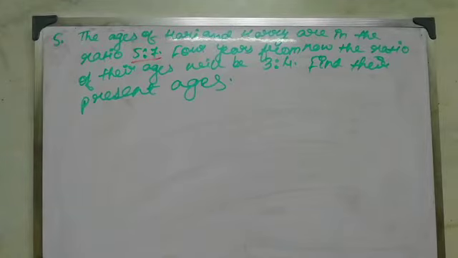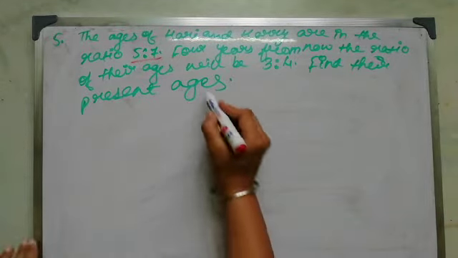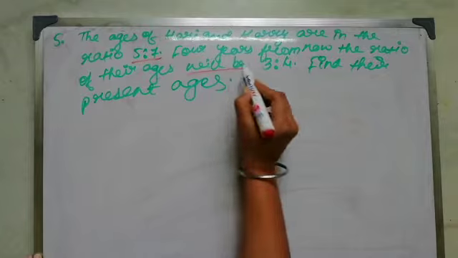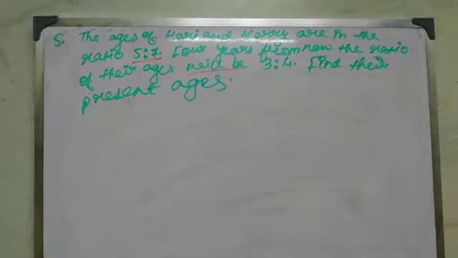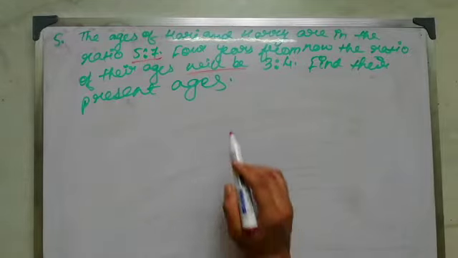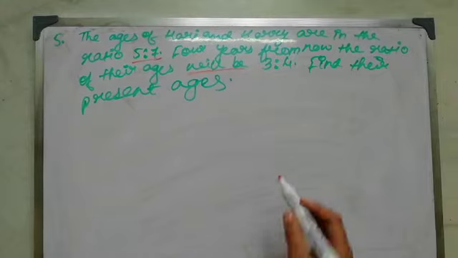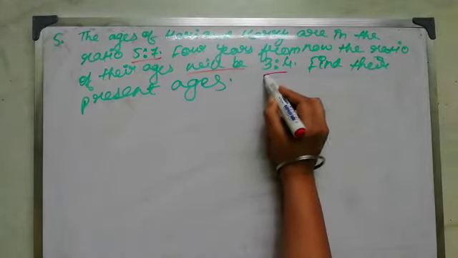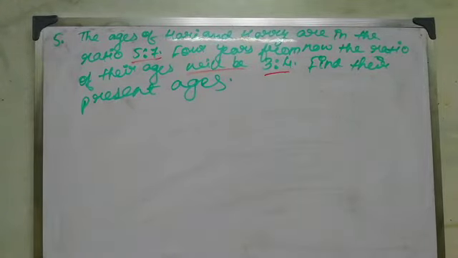Now, whether it is past 4 years or future 4 years, this word tells you that it is 4 years from now, that means in future. So after 4 years, the ratio will become 3:4. So what will be their present ages?